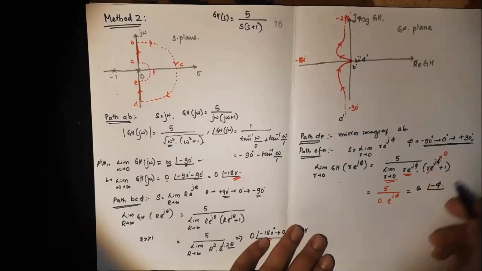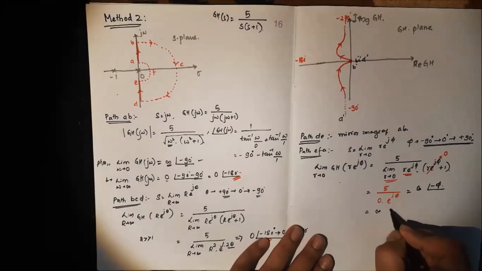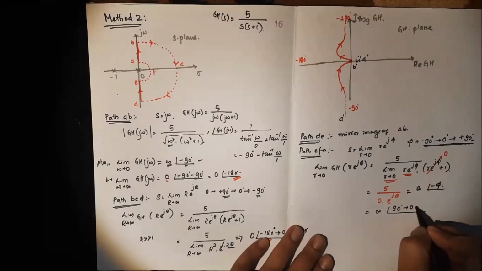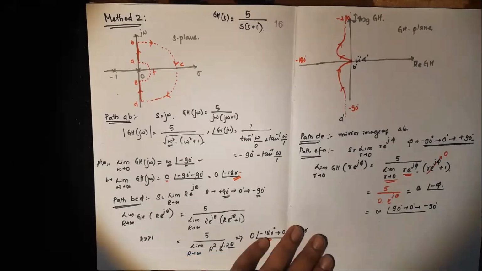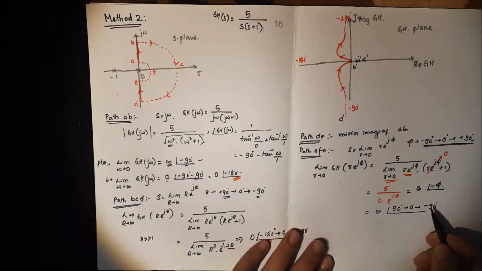Then substitute the phi values. What we get is infinity gain, then this is plus 90 degrees to 0 degrees to minus 90 degrees. So the path EFA is mapped with a magnitude of infinity, but the angle of that line or curve is changing as plus 90 to 0 to minus 90.